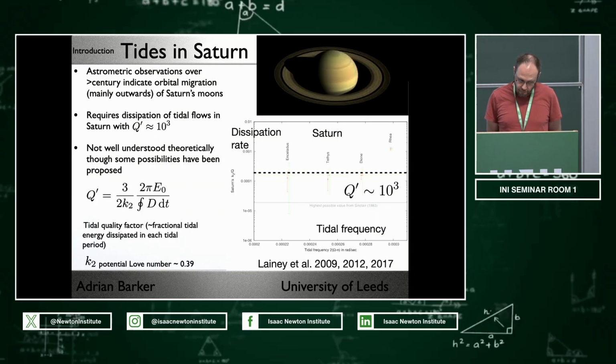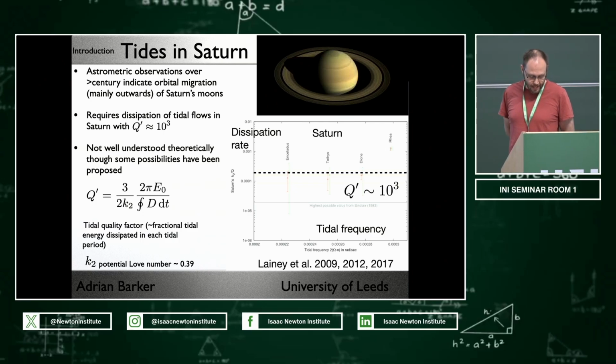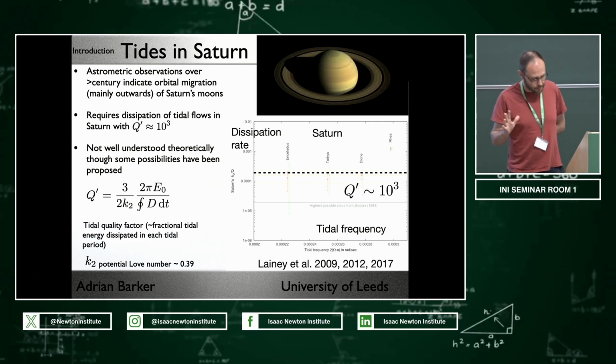So for both Jupiter and for Saturn, we have very detailed observations over the past just over a century or so, astrometric observations of the moons of Saturn and of Jupiter, including recent ones from Cassini and I guess Juno, but also older ones from telescopes from more than a century ago.